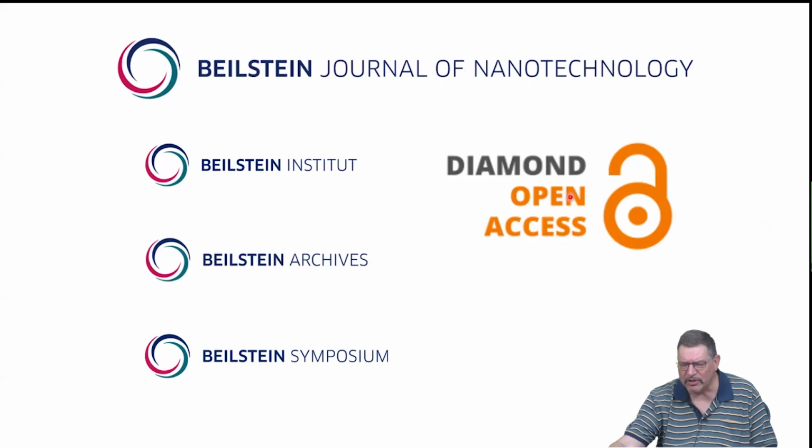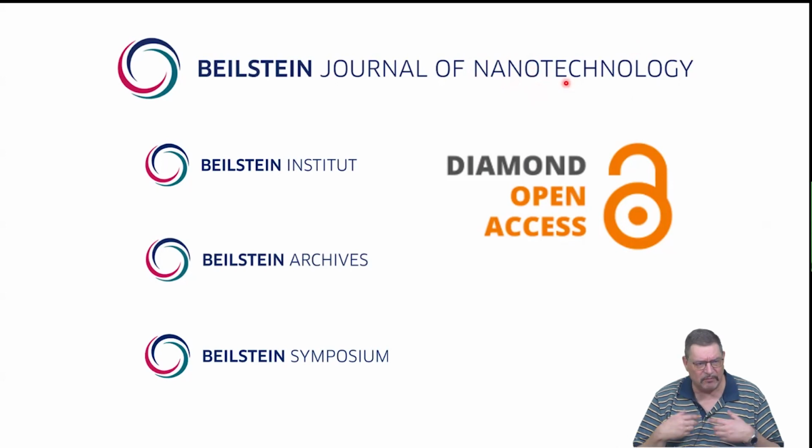And this Beilstein Journal of Nanotechnology, which is also covering nanomaterials, internal interfaces, and so on, is a diamond open access journal. So it means nobody on this planet has to pay anything to read all the articles, and nobody on this planet has to pay anything in order to publish. But the peer review is very strict because we, as the journal, go for quality and not for quantity.